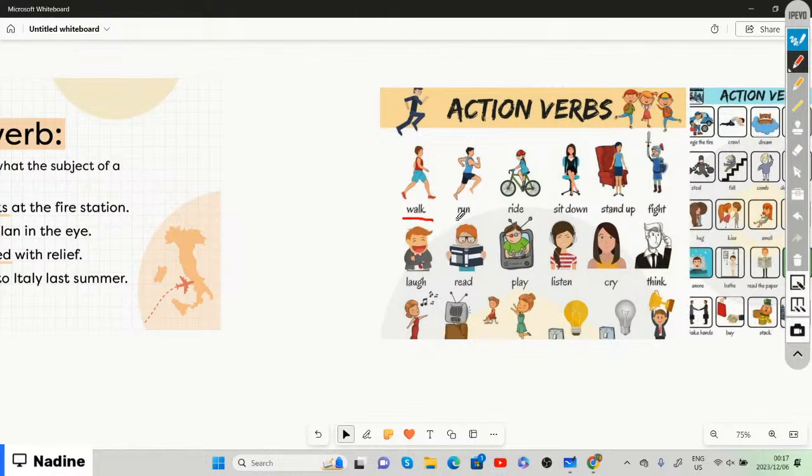To run is an action that someone is doing. To ride, if you ride your bicycle, then that is an action that you're doing. I said earlier, whether you are sitting down or standing up, sit or sit down is the action that you are doing.